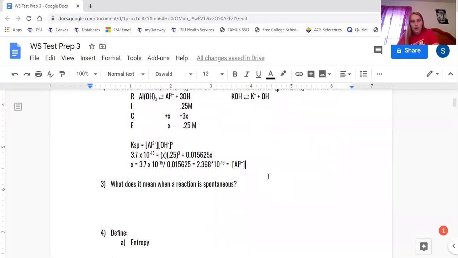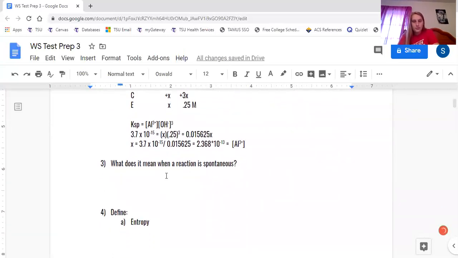There you go. Okay. What does it mean when a reaction is spontaneous? There's a word in there.